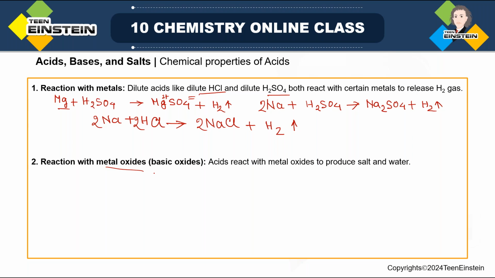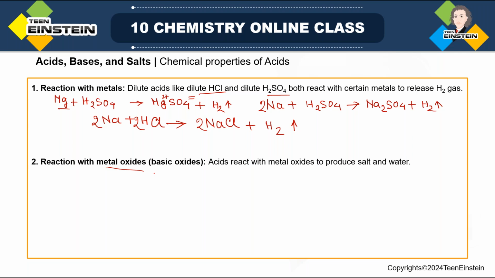Now detailed discussion related to salt will be done separately, but right now just understand that salt is the product which is made when there is a reaction between acid and base. So that reaction we will also discuss under this heading of chemical properties of acid.